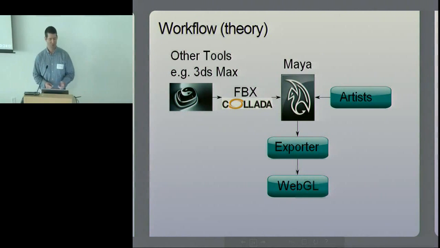So supporting 3ds Max would mean writing a new exporter for 3ds Max, because this way more features can be exported. For example, shading networks. FBX and Collada don't support shading networks of Maya.